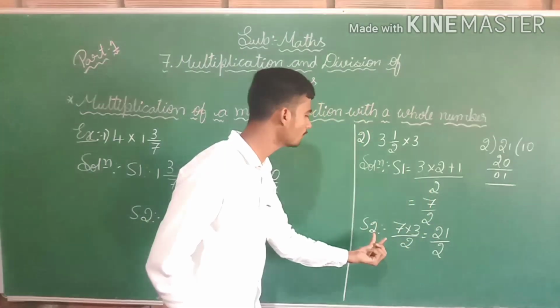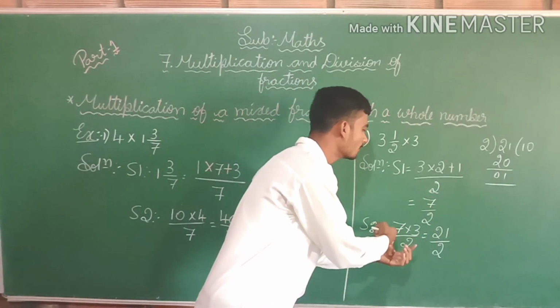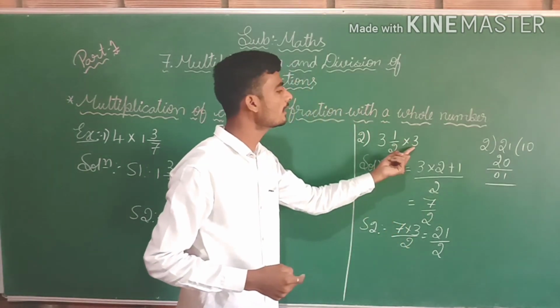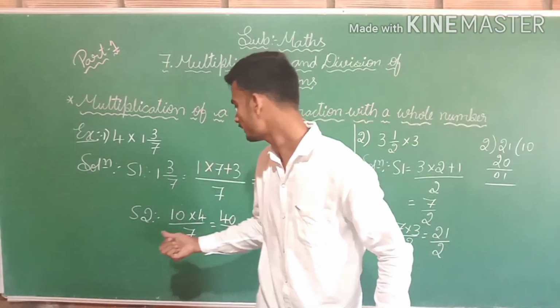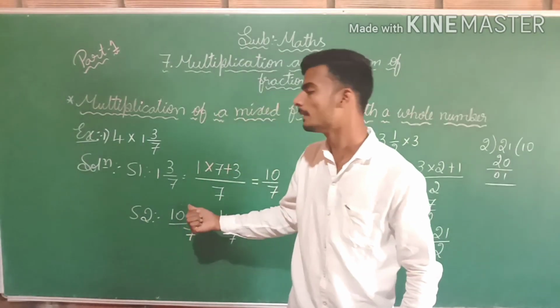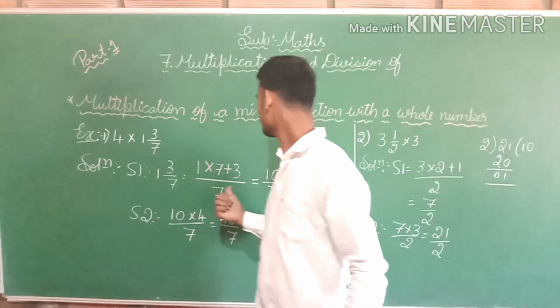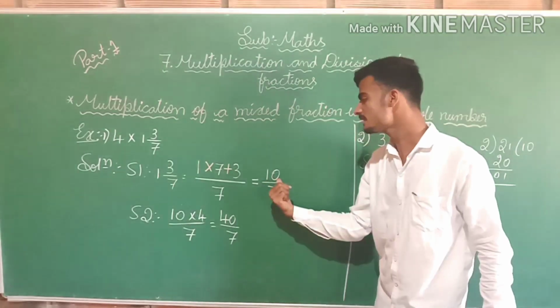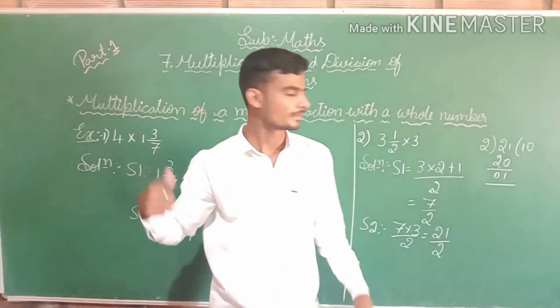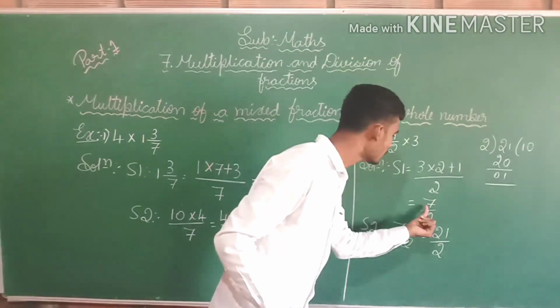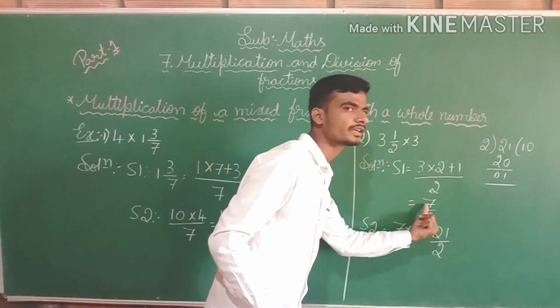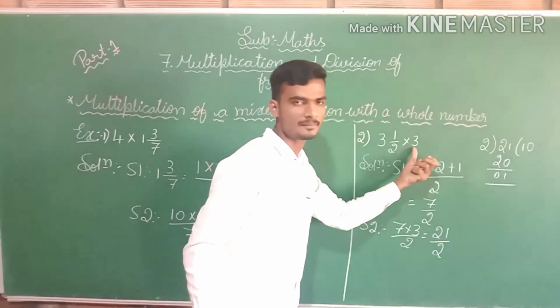Then in step 2, what you have to do? You have to multiply the whole number with this numerator. Okay, what have we done here? We have multiplied this numerator with this whole number. So here also we have to follow the same. We have to multiply this numerator with this whole number.